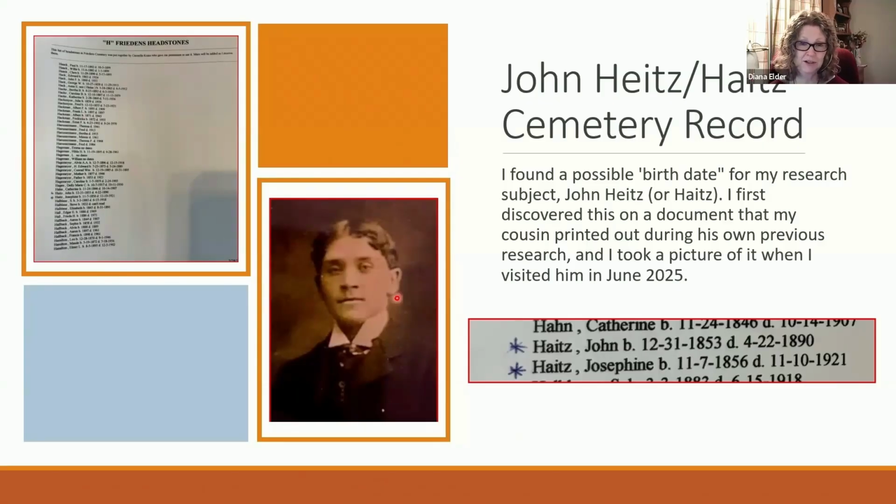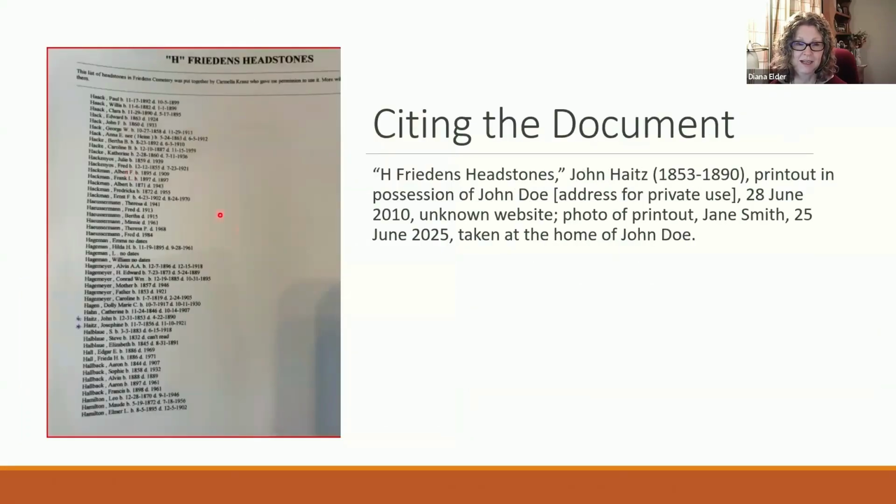And then this is the picture, which is awesome. And this is what it says about John. We've got his birthday and his death date, and then we've got Josephine's birthday and death date as well. So the first question is, how do we cite something like this, where we've taken a picture of it and somebody else had printed it out? How in the world can we do a citation for that?